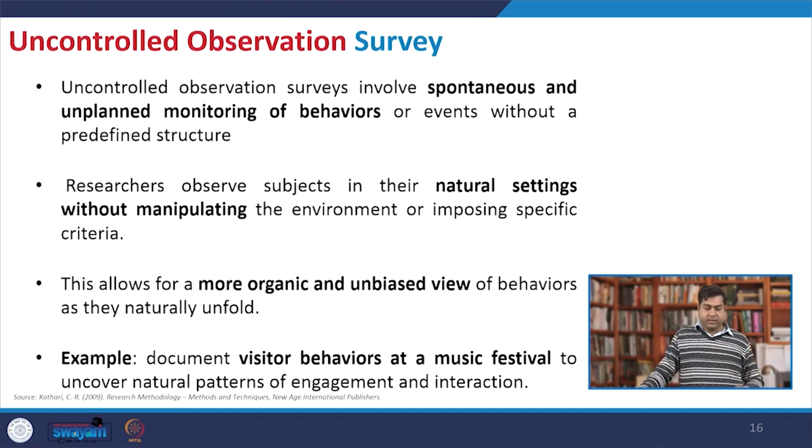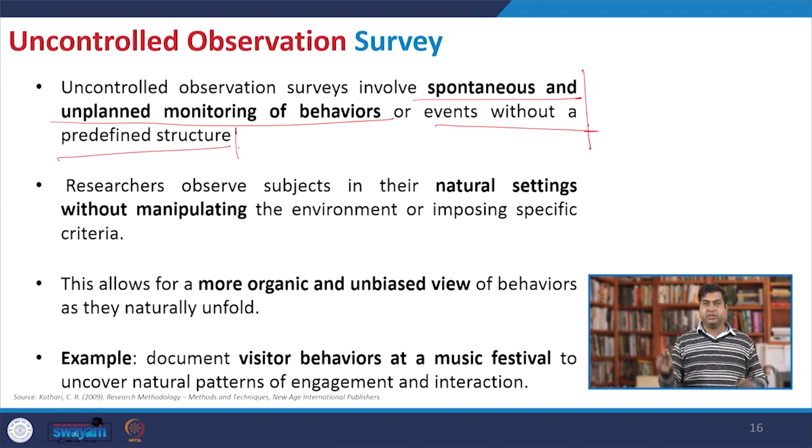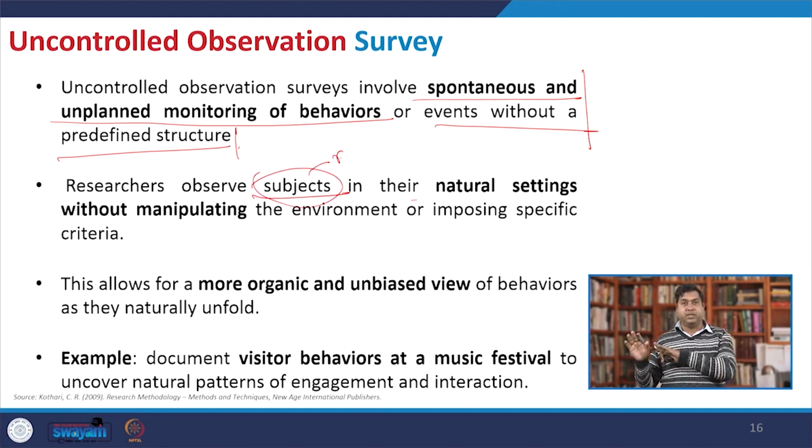Uncontrolled observation survey. Uncontrolled observation survey involves the spontaneous and unplanned monitoring of behavior without any predefined structure. So, this is something which is happening in real life. There is no control on this experiment. The researcher observes the subject, or in this case the sample.